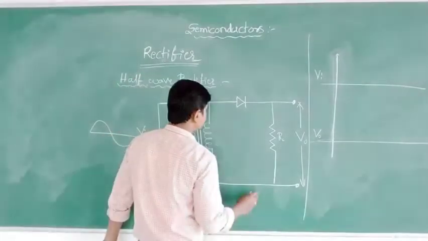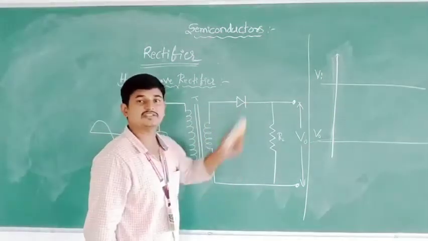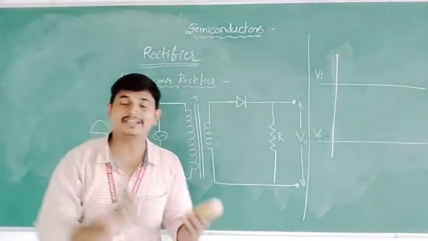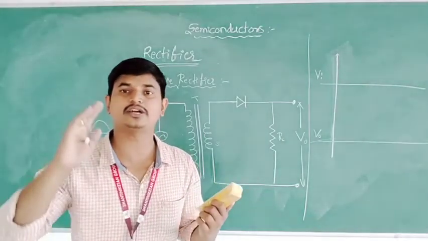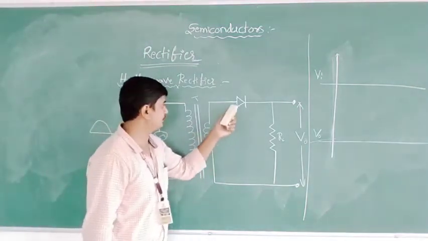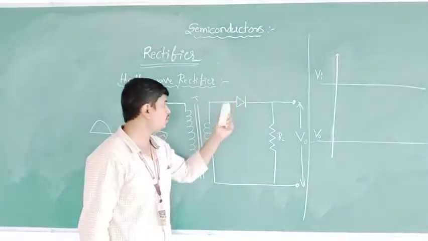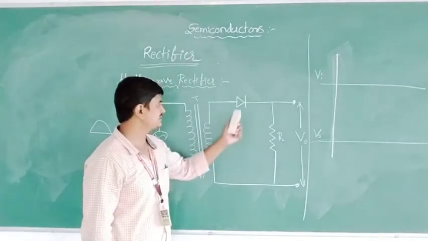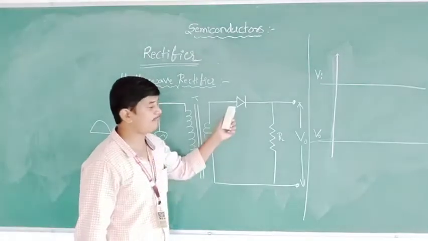Now, because of this voltage, current flows. This acts like a forward bias. In forward bias we studied that the P type is connected to positive and the N type is connected to the negative terminal. In forward bias, there is a maximum flow of current.